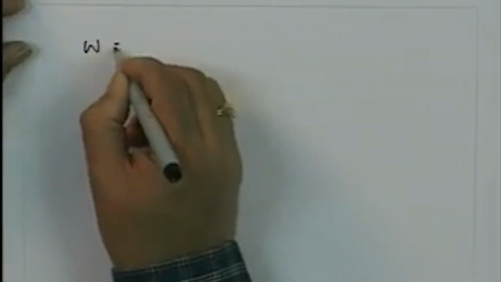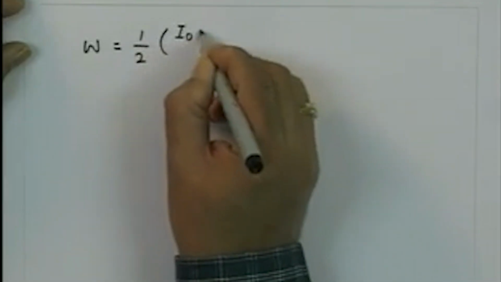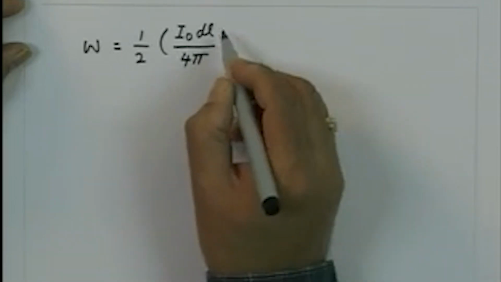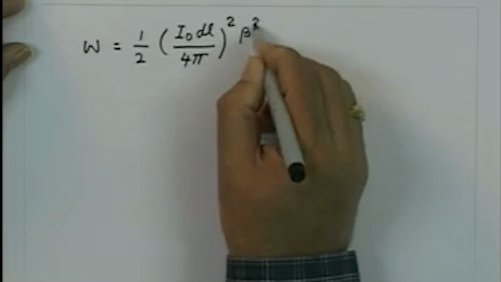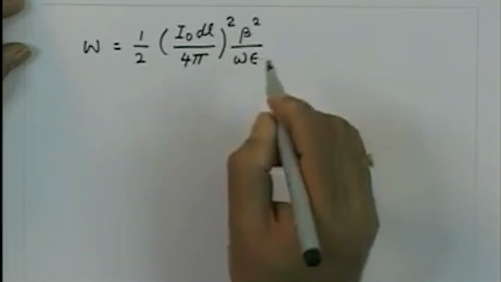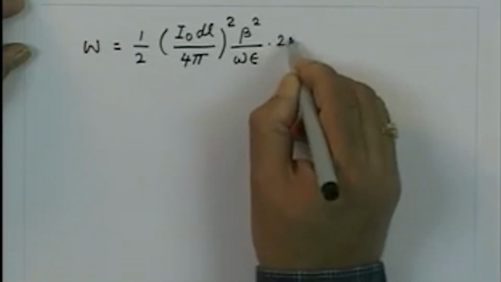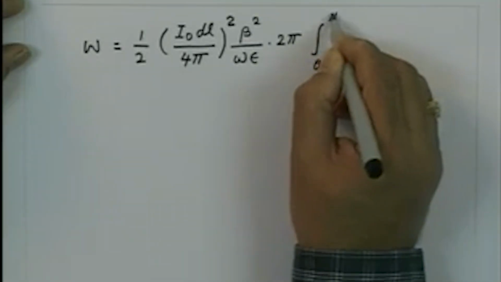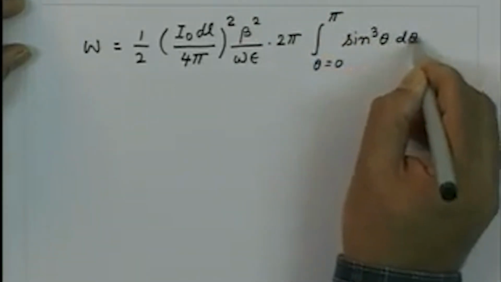So, the power radiated W, that will be equal to half I0 dl upon 4 pi square, beta square upon omega epsilon. Integral over phi will give me 2 pi, integral theta equal to 0 to pi sin cube theta d theta.